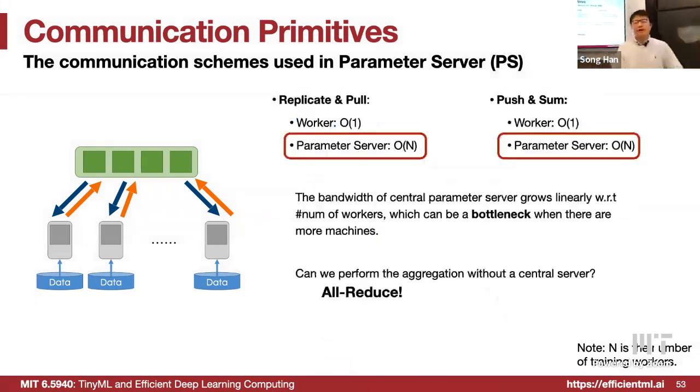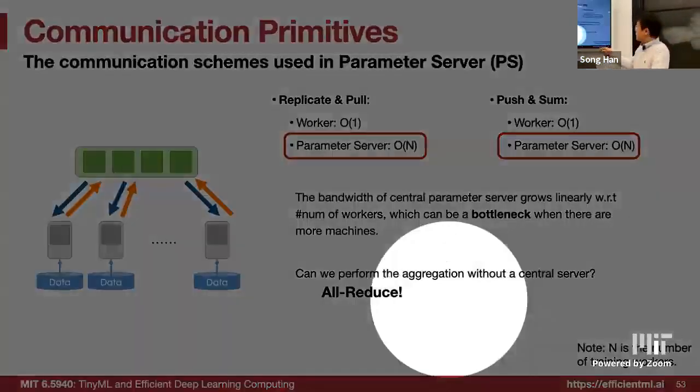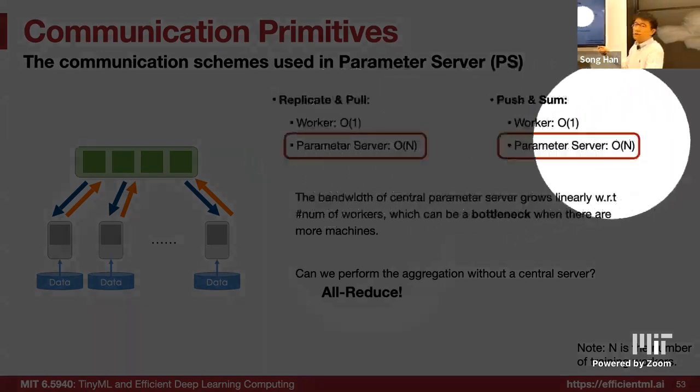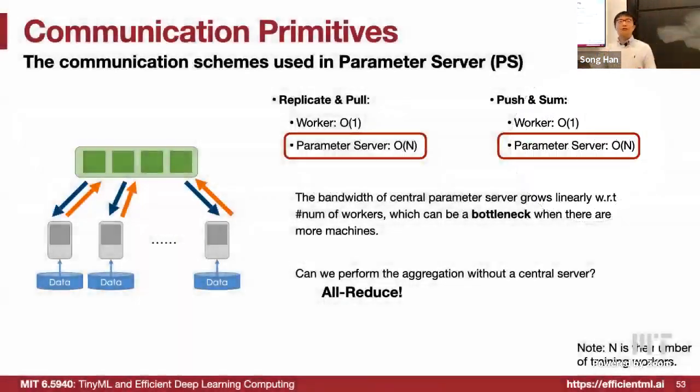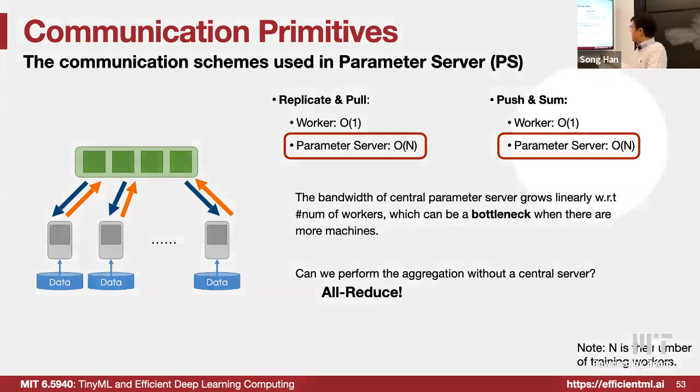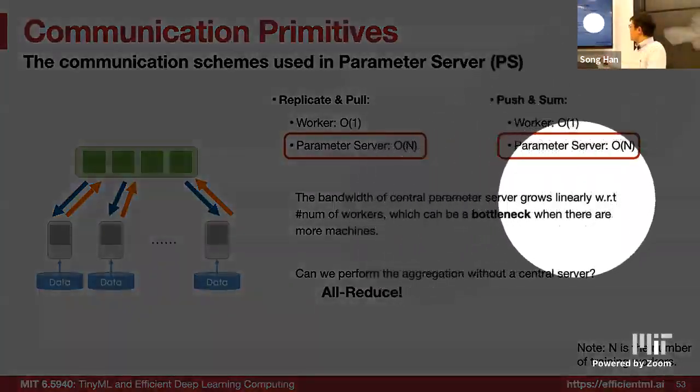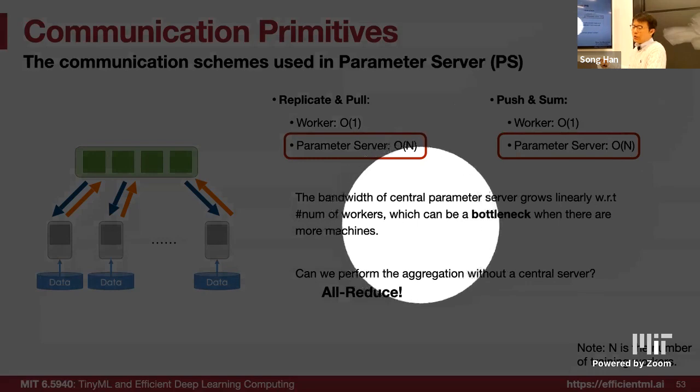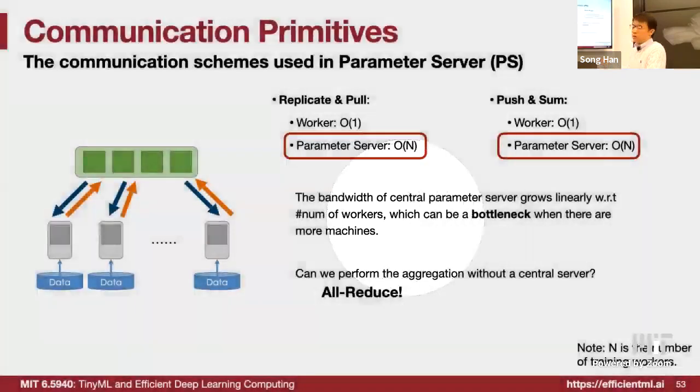So it's actually pretty heavy, right? For the parameter server, the networking traffic is O(n). It's not quite scalable. The more workers you have, the larger the bandwidth requirement. So the bandwidth of the central parameter server will grow linearly with the number of workers, which can be a bottleneck when you have a lot of machines.